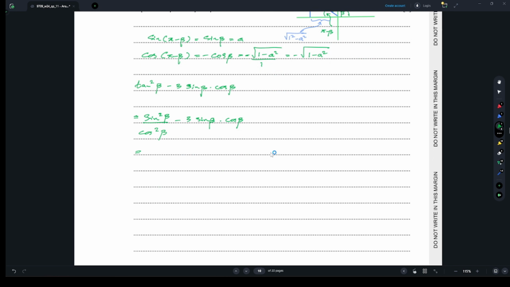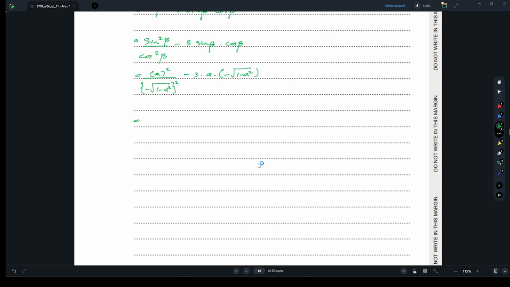We know the values. Sine beta is A, so sine square is A square. Cos beta is minus the root of 1 minus A square, so cos square is 1 minus A square. Then minus 3 times sine beta, which is A, times cos beta, which is minus the root of 1 minus A square.